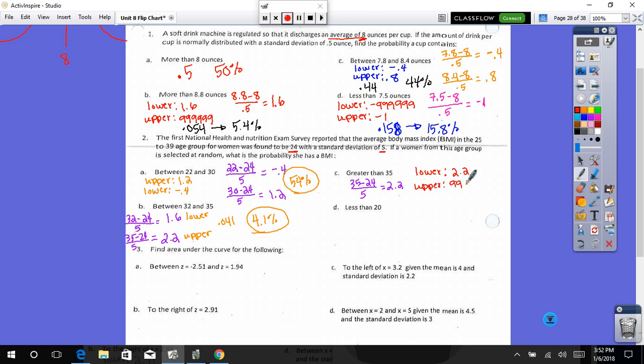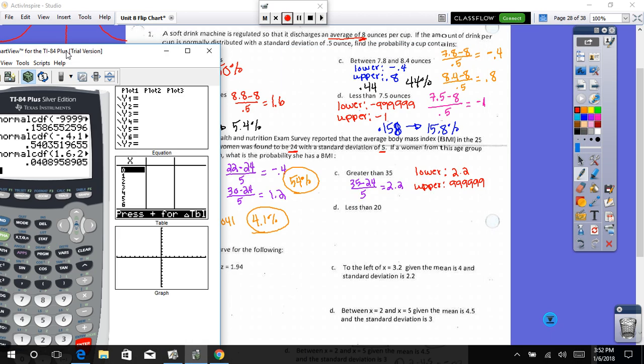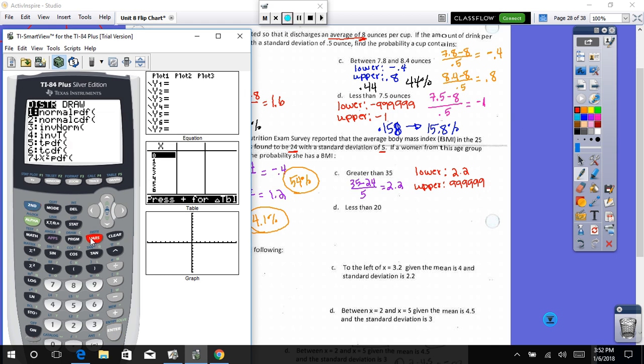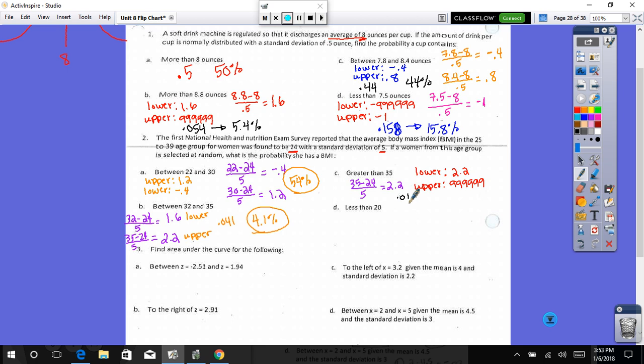That's where I want to leave it open-ended, so put in that really big number. And we get a decimal of 0.014, or 1.4%.